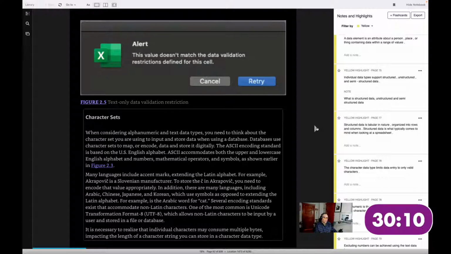When considering alphanumeric data types, you need to think about the character set you are using to input and store data when using databases. I would think by the time you actually get to a database, a data engineer has already set up the character mapping for a particular area.